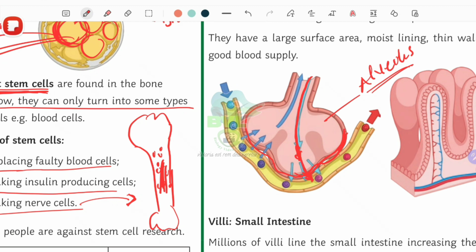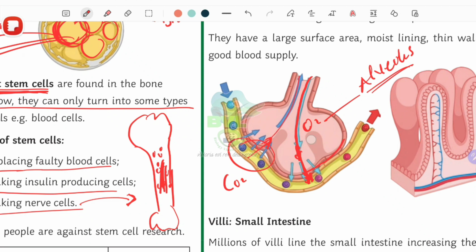It diffuses across the wall of the alveolus, then into the capillaries surrounding it. At the same time, carbon dioxide, which is CO2, this is oxygen, is diffusing from the blood into the alveolus. So this is going to go out.